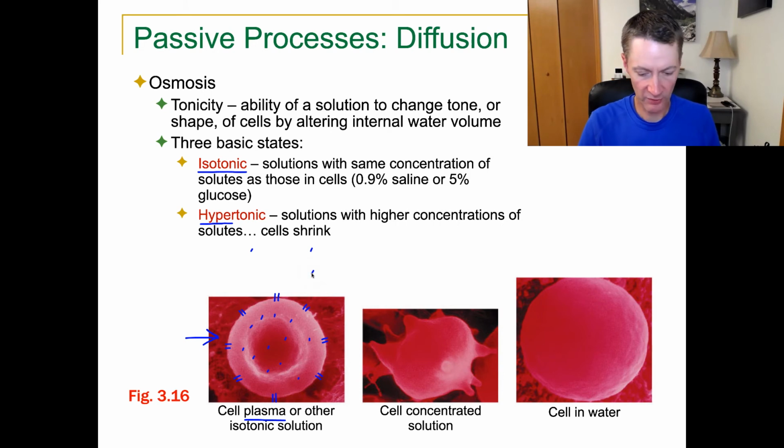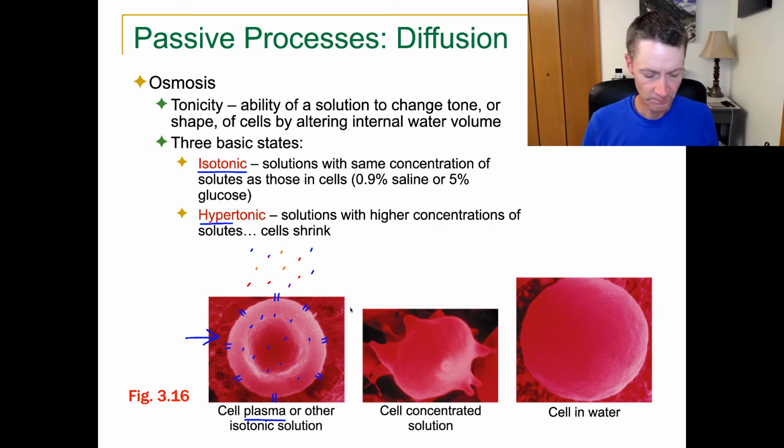They don't have to all be the same color. Various different solutes. They don't have to be the same solutes. So here we have 6, 7, 8, 9, 10, 11, 12. Isotonic, right? Same concentrations on either side.